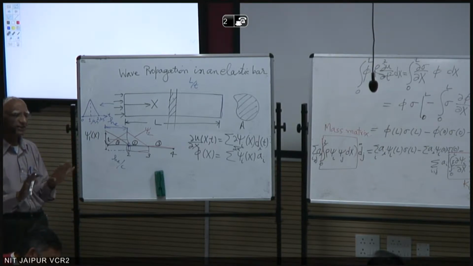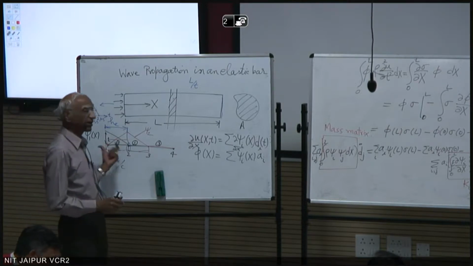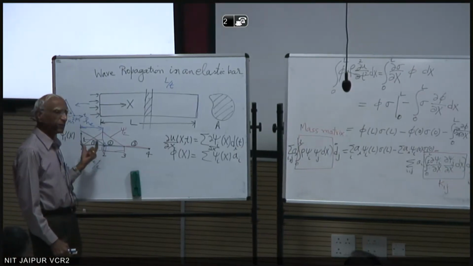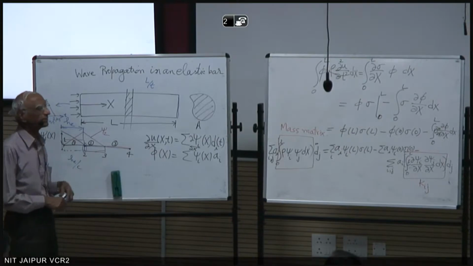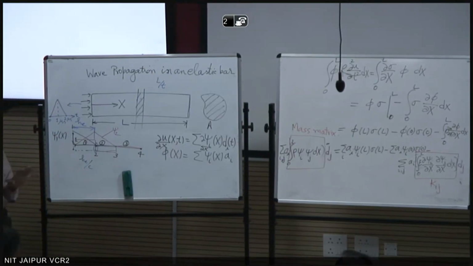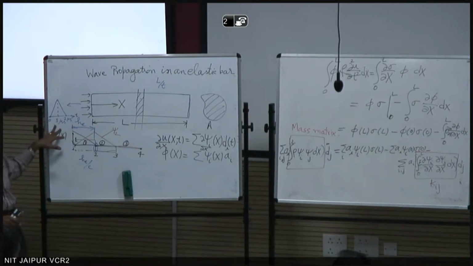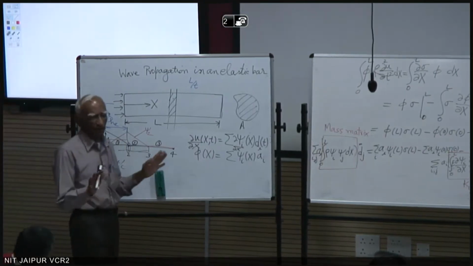So in one case, yes, if you choose your time step size and your element size correctly, and there is one more thing, then yes, the numerical solution should exactly reproduce this wave, but otherwise no.